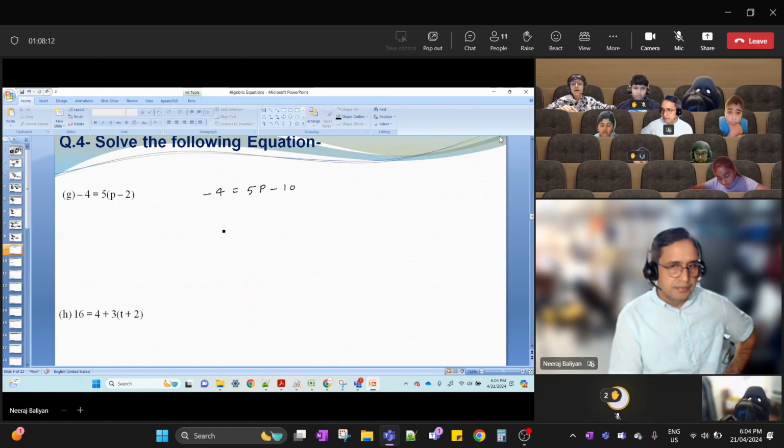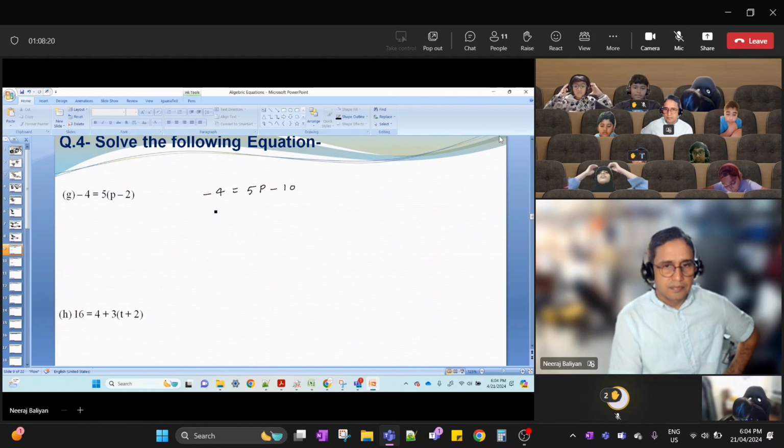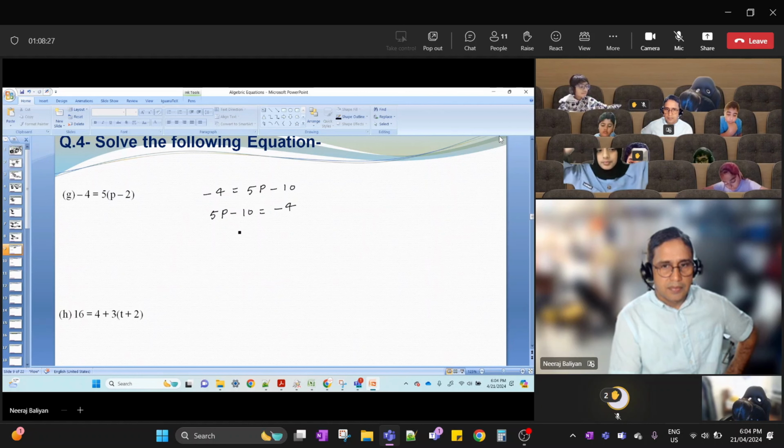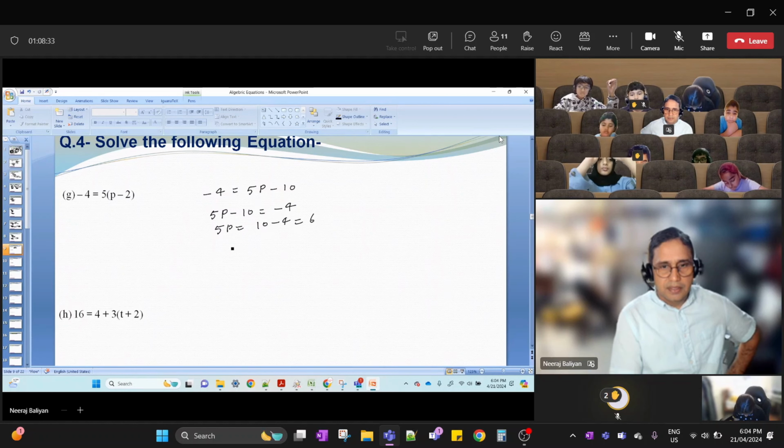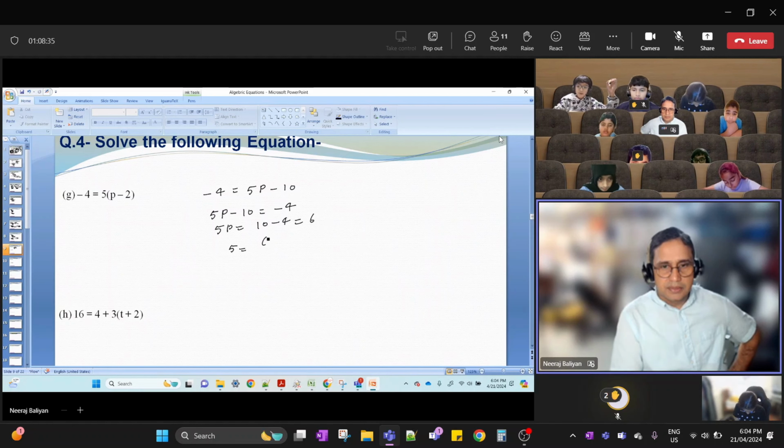And then what we do, we get the constant instead of the variable. If we take it to the other side of the equal sign, we get 6. So 5p is equal to 10 minus 4, which is equal to 6, and p is equal to 6 by 5.